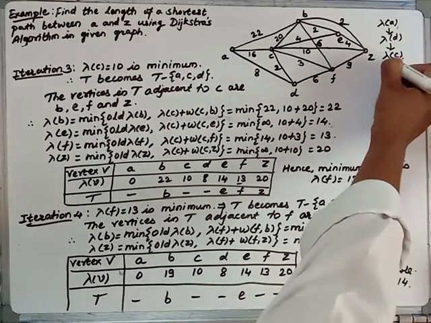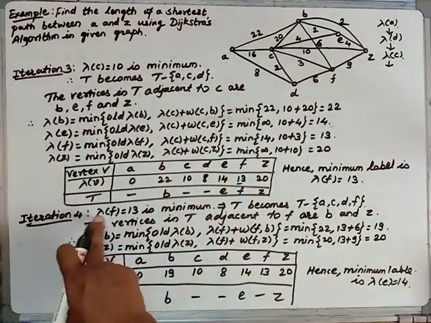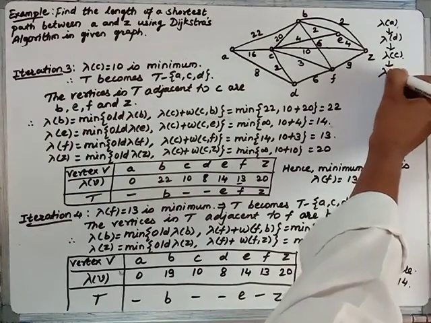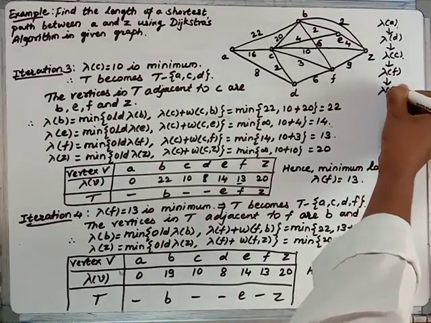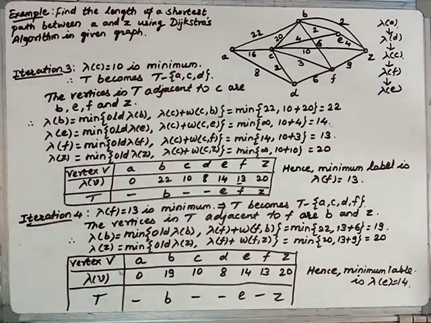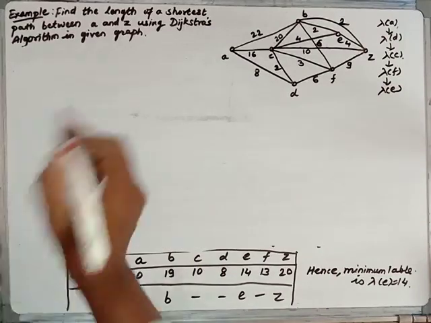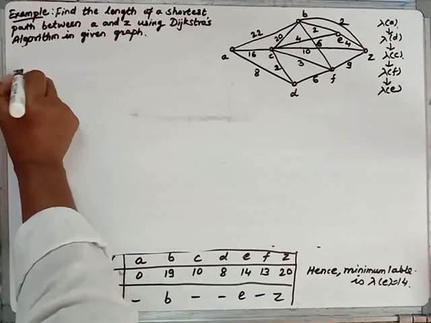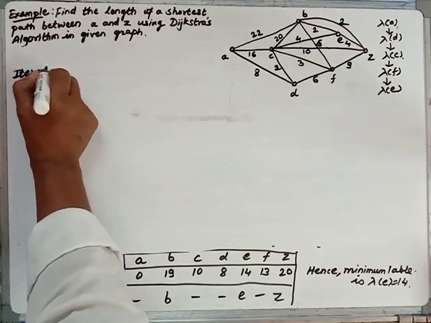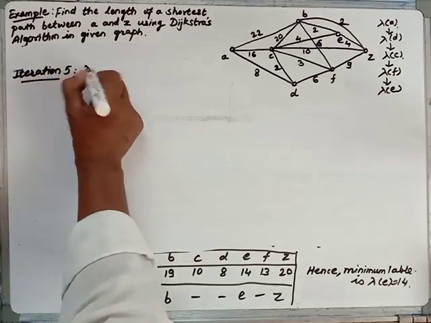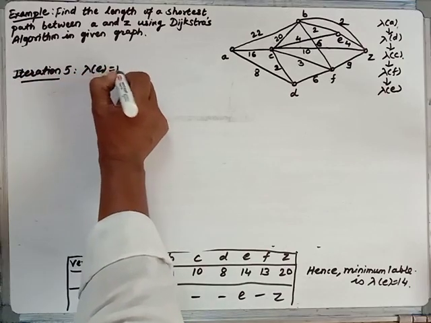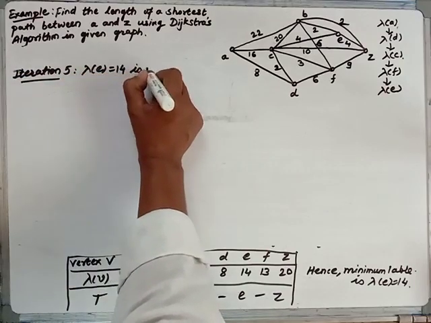So here lambda of C, then lambda of F, and then lambda of E we are coming to. Now let's do the iteration for lambda of E equal to 14. So iteration 5: lambda of E equal to 14 is minimum.